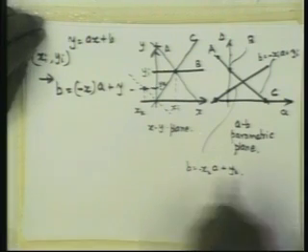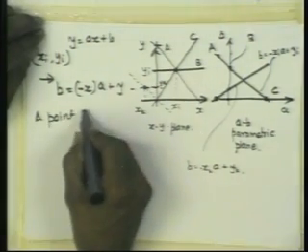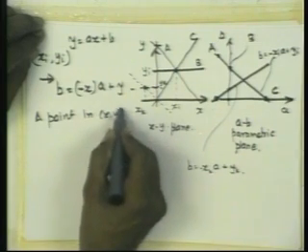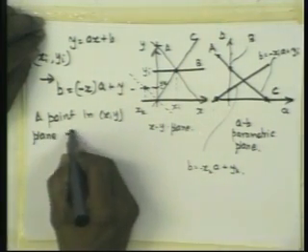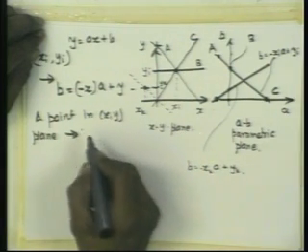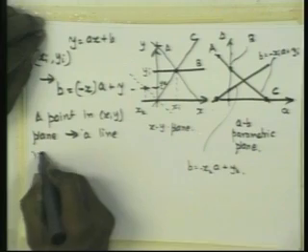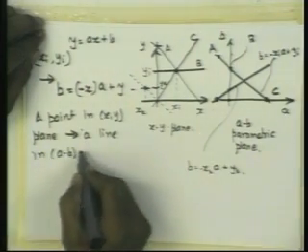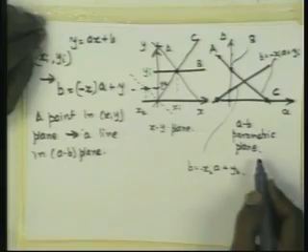So every point in the xy plane transforms into a line in the AB plane, or infinity of points in the AB plane.